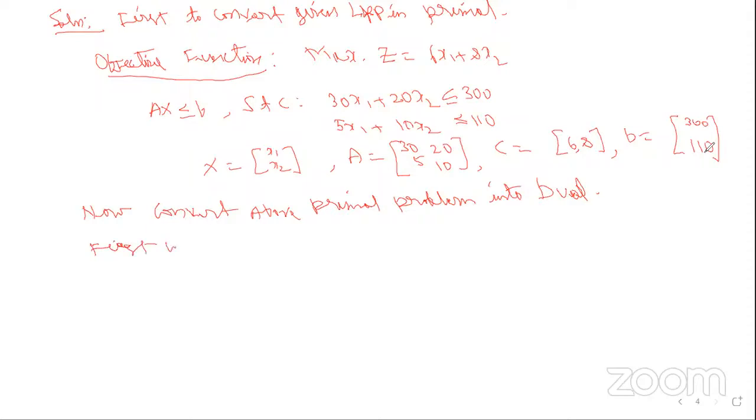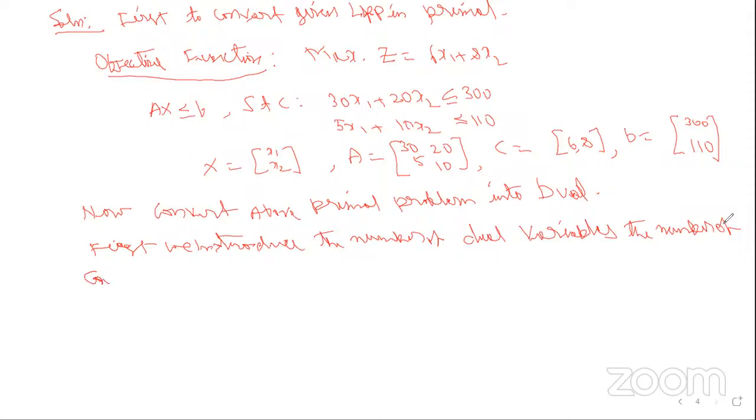First we introduce the number of dual variables, which equals the number of constraints in the primal.